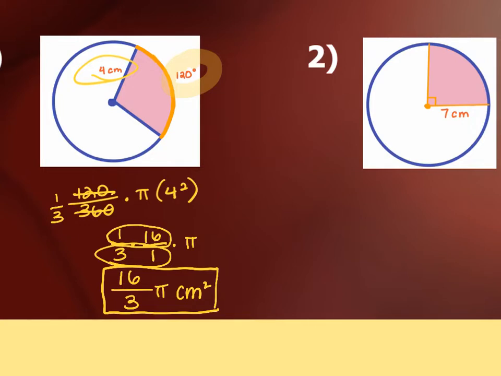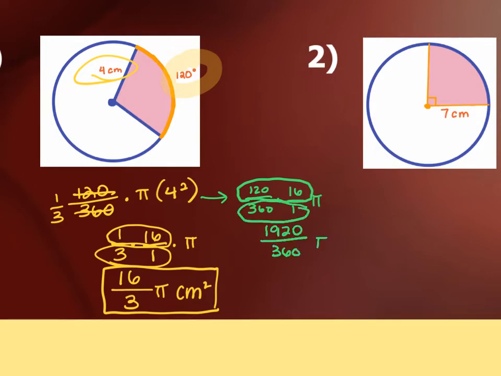Or you can take your equation from here, 120 over 360 times 16 over 1 times pi. Multiply out your numerators. So 120 times 16 is 1920 over your denominators, which would be 360.